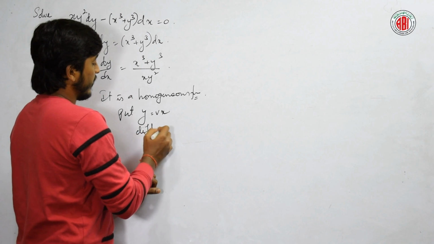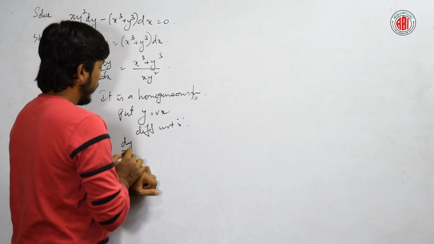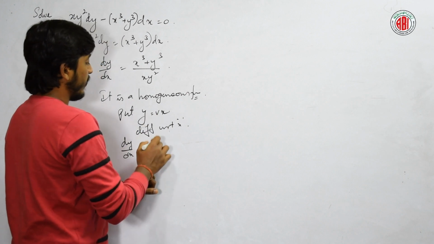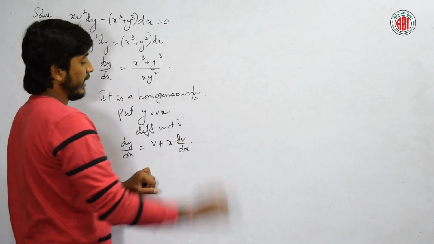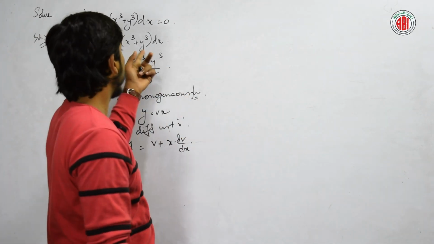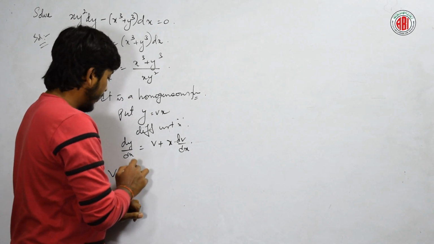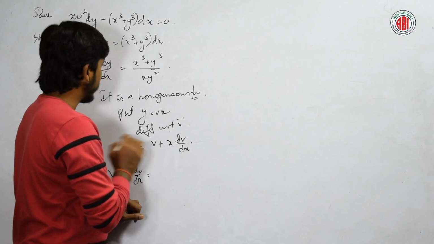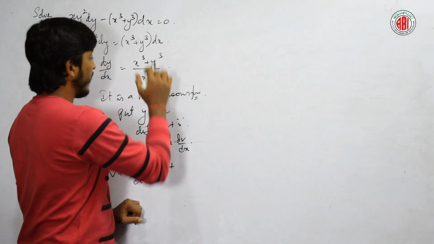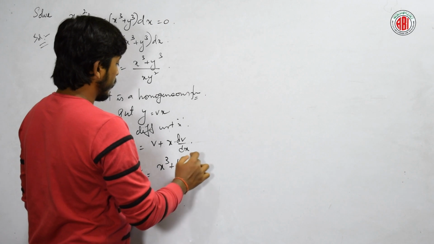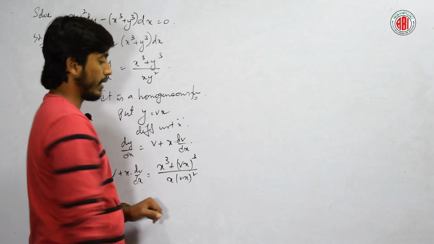Now differentiate with respect to x. So I'll get dy by dx is equal to v into the differentiation of x, which is 1, plus x into dv by dx. Now let us substitute everything in this. So what is dy by dx? v plus x into dv by dx is equal to x cube as it is, and instead of y we will write vx whole cube, by x into vx whole square.